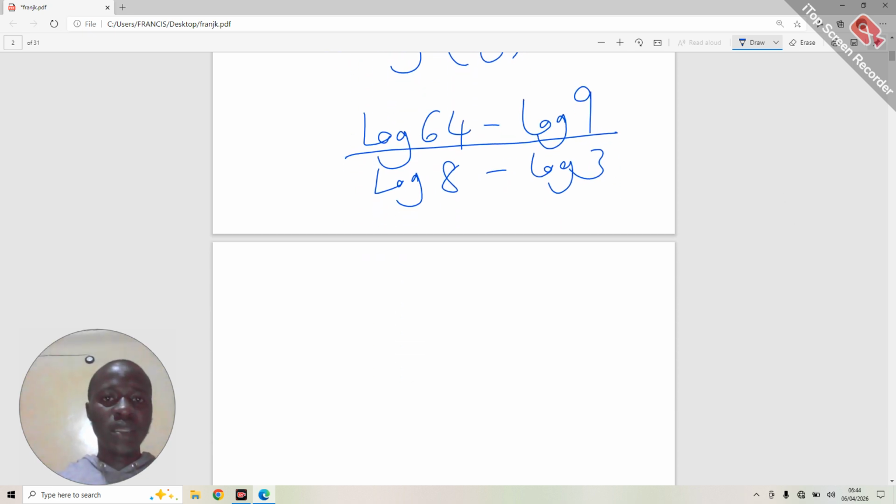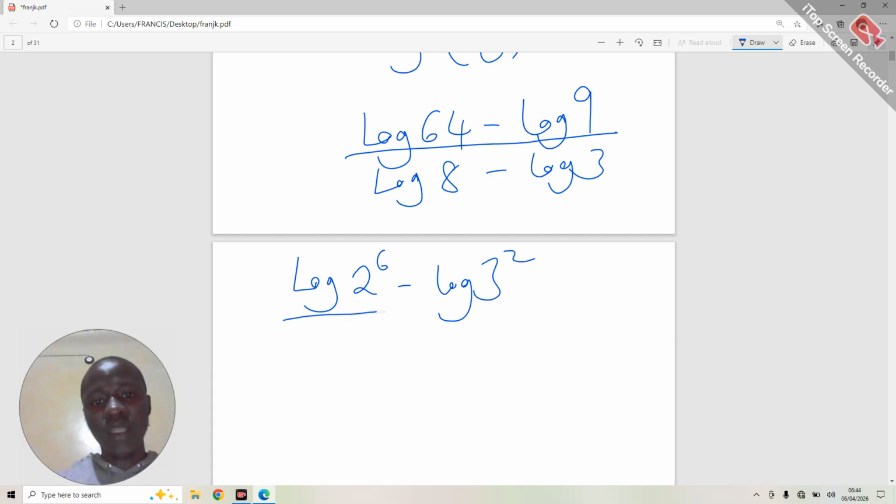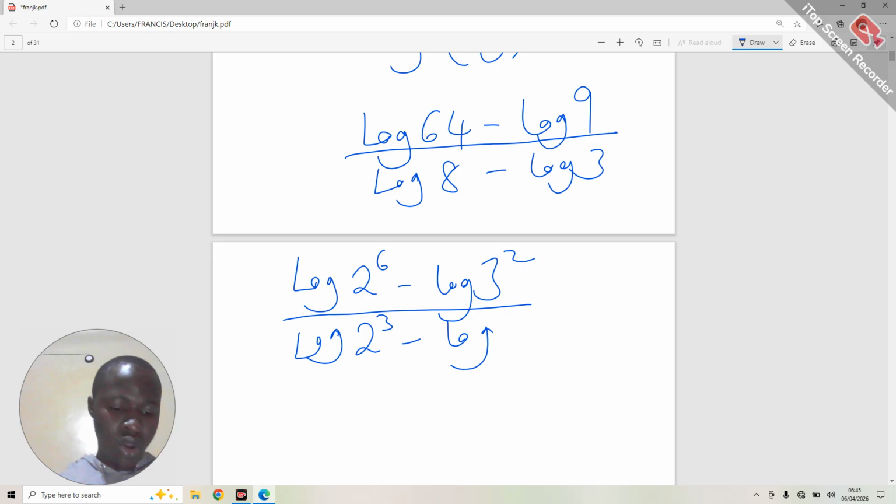Then we proceed. Log 64 is the same as log 2 power 6, minus log 9, which is the same as 3 power 2, all over log 8, which is the same as log 2 power 3, minus log 3.